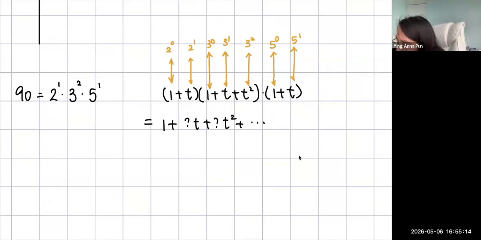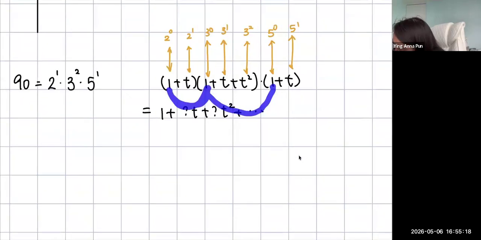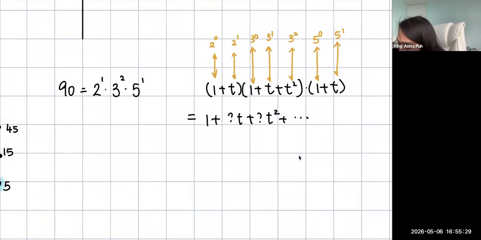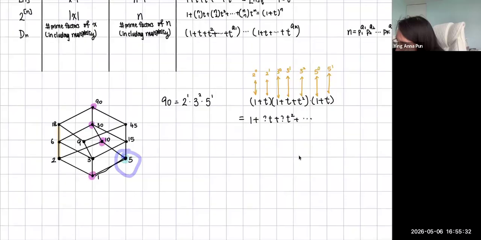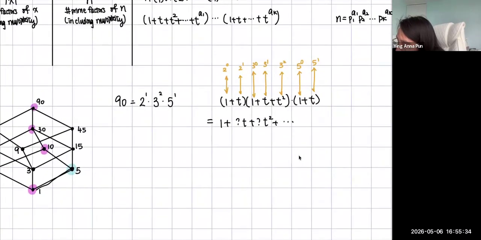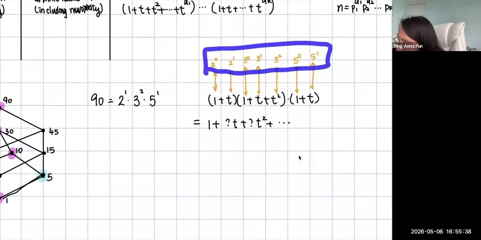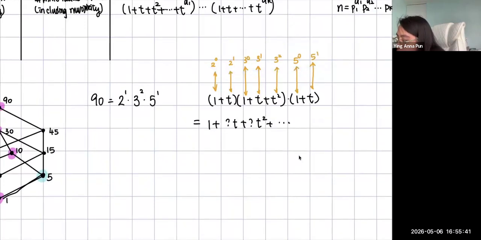So when I do 1 times 1 times t, I'm actually choosing 2 to the power 0, 3 to the power 0, and 5 to the power 1, which is just 5. So the 3 different ways that I create the t are the 3 different ways that I create the 0, 0, and 1 in the powers. Therefore that corresponds to a single prime.